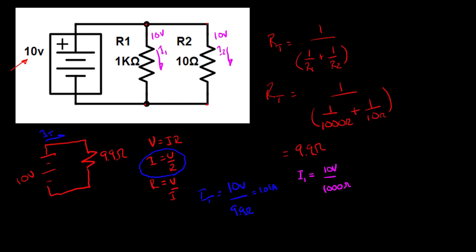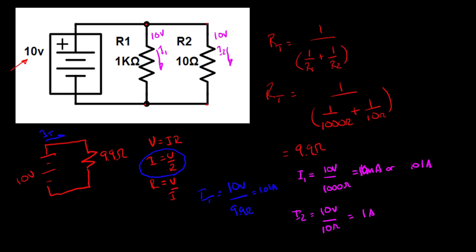And I2 is going to be equal to that same 10 volts divided by 10 ohms. Pretty quickly, you can see that this ends up being 1 milliamp, or 0.001 amps, and this is 0.01 amps. Sorry, it's 10 milliamps, 0.01 amps.